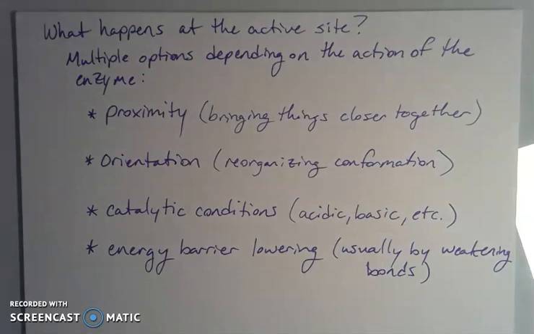Usually when we're talking about enzyme activity, we're talking about bonds breaking or bonds weakening through the enzyme so that they can break with lower energy. That's that lower activation energy piece. It could also just provide catalytic conditions. So maybe we have some acidic groups or some basic groups, or some redox, oxidation-reduction kind of potential in these active sites.